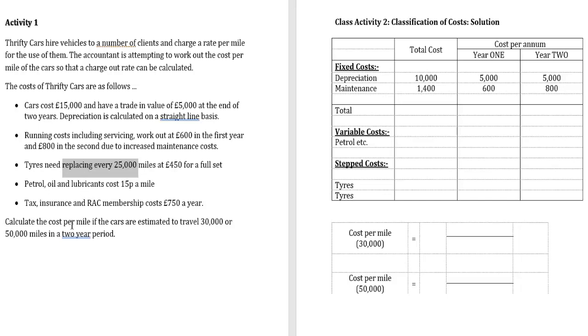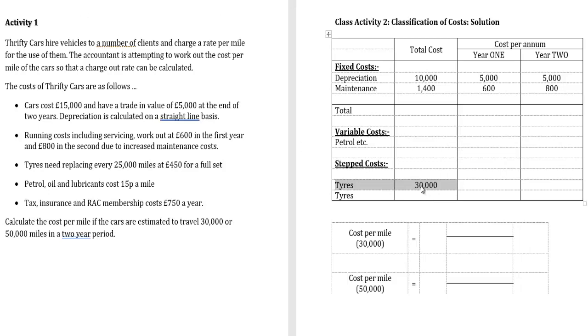Here, they mention in the requirement that it's to travel 30,000 or 50,000 miles in 2 years, which means 30,000 in 2 years mean 15 in the first year, 15 in the second year. 50,000 mean 25 in the first year and 25,000 miles in the second year. So how to deal with this? Let's consider it for the first one, which will be 30,000 miles.